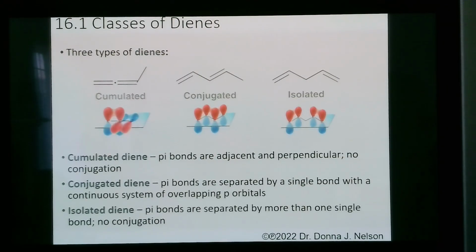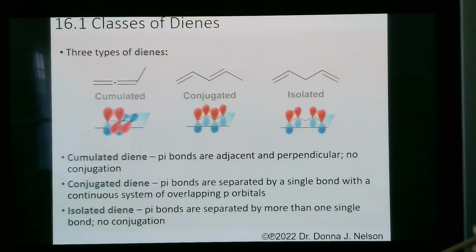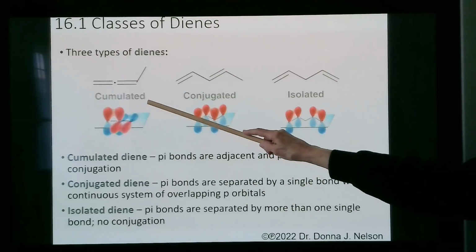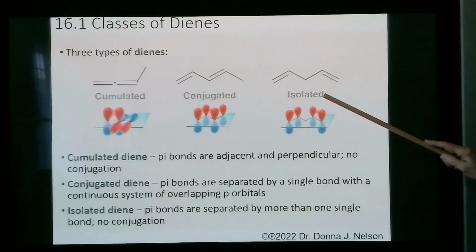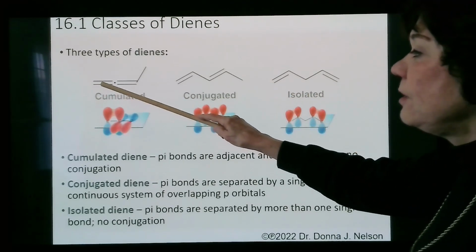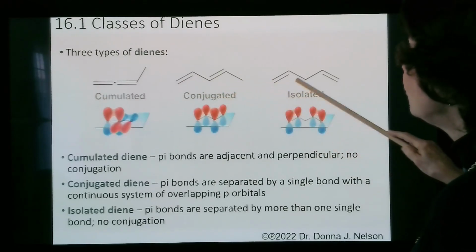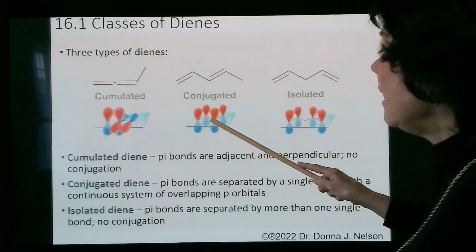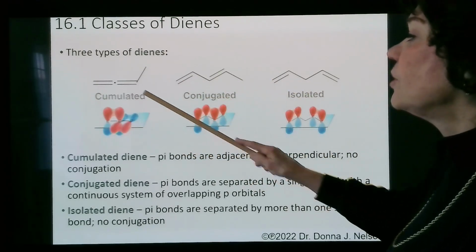So the classes of dienes. There's three types of dienes. These are called cumulated, conjugated, and isolated. Here you see the bond line structures, and here you see the orbital components.